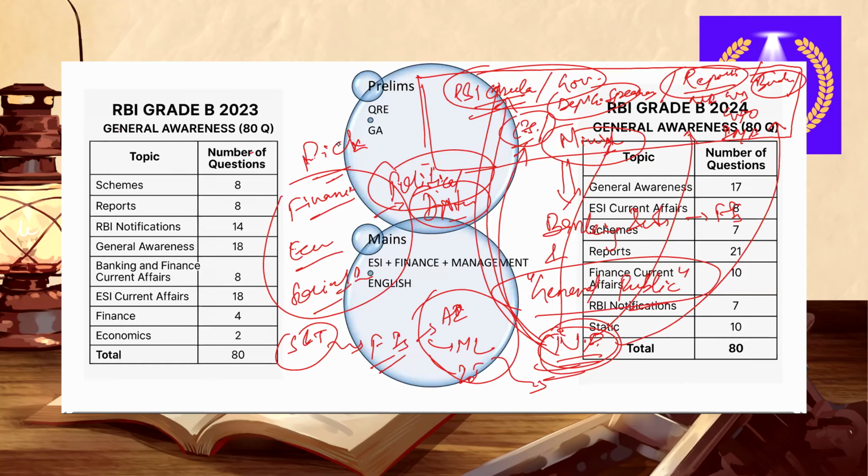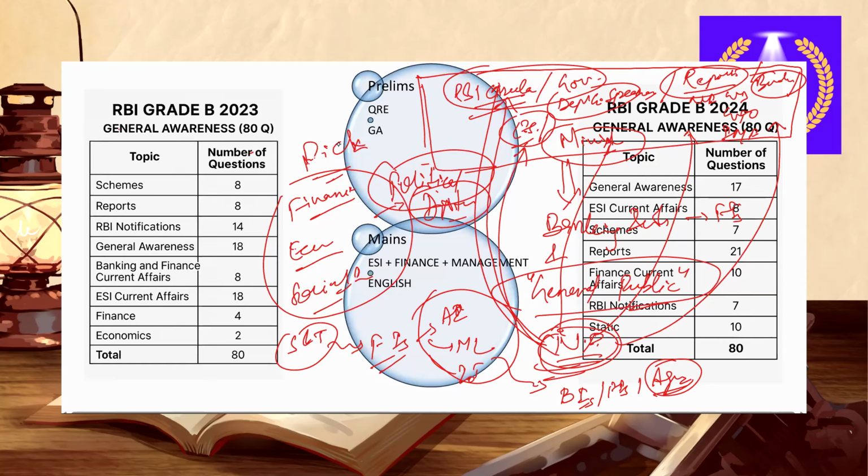The relevance of these things is actually increasing in each and every sector, not only banking and financial institutions, but also in the agriculture sector. That is also part of your syllabus, right? तो ये सब चीज आपको न्यूज़पेपर्स से पिक करनी हैं.